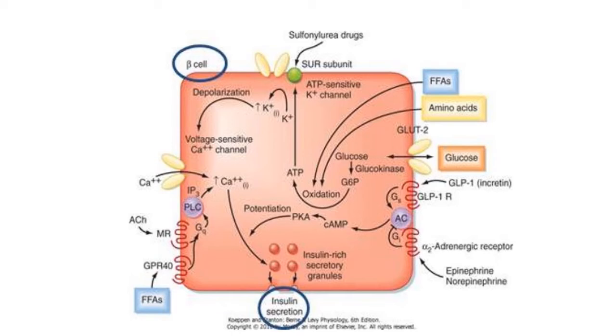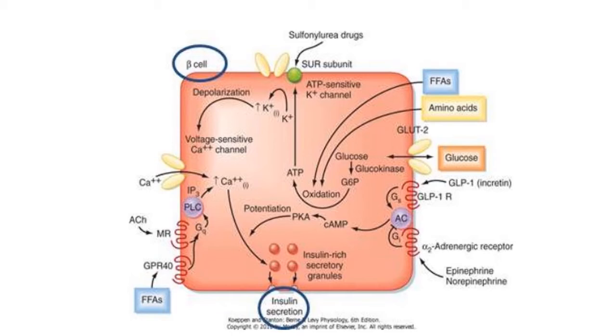These are inhibitory in nature. Therefore, they will act on adenylyl cyclase. This adenylyl cyclase will lead to production of cyclic AMP and then protein kinase A, and this protein kinase A will cause release of insulin rich secretory granules to release insulin.